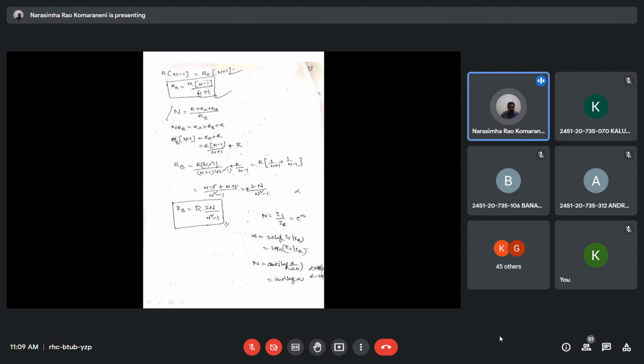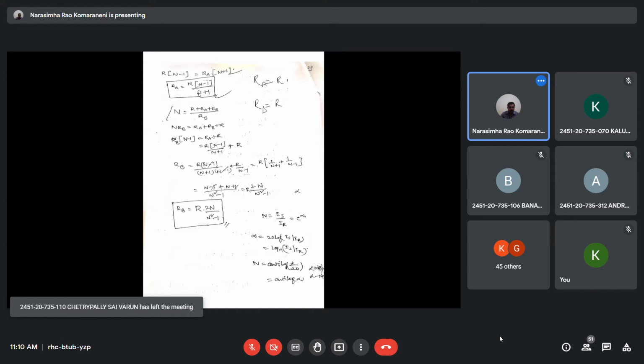Now we got this series branch element value, that is RA value and RB, both in terms of R and N values. RA we got as RA equal to R into N minus 1 by N plus 1, and RB equal to R 2N by N square minus 1.